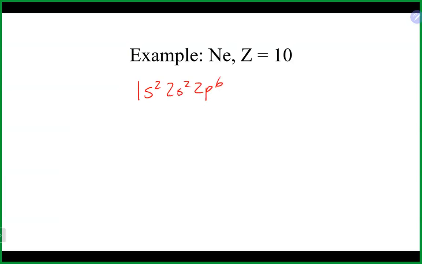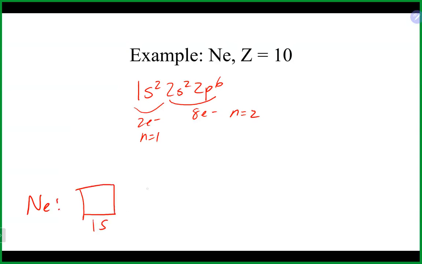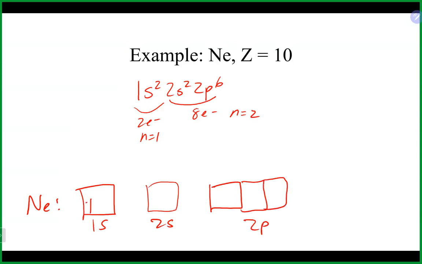2p6 in this case. We have 8 electrons on the second energy level. Again, still 2 electrons there on our first energy level. Looking at our diagram here, we're going to go up and down once again, up all the way across, coming back down now and pairing off everybody.